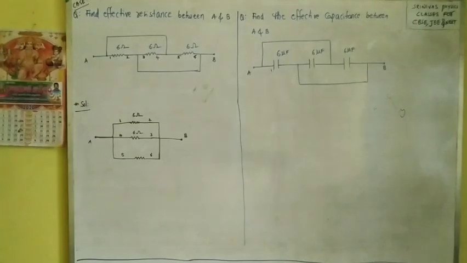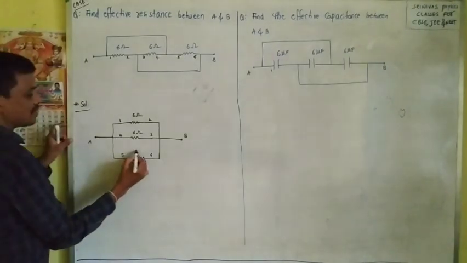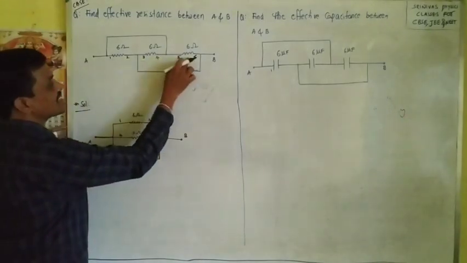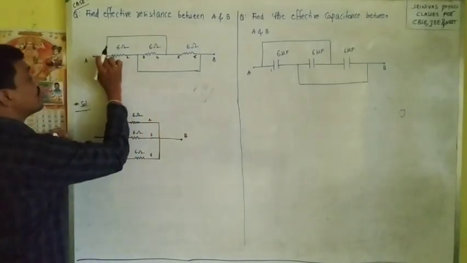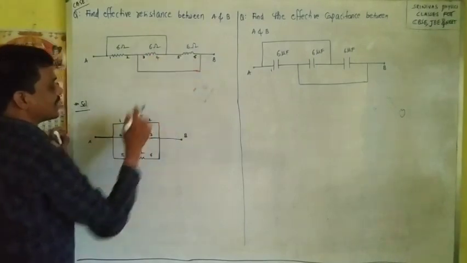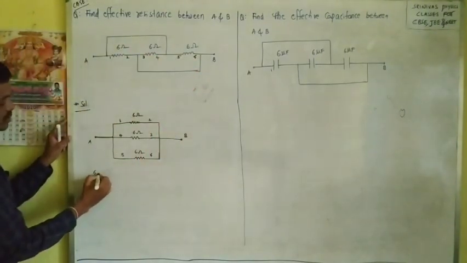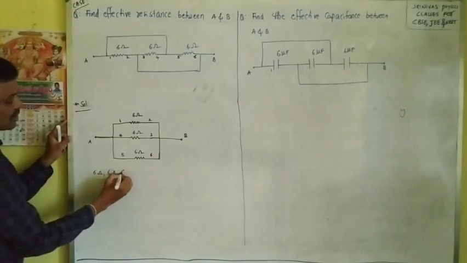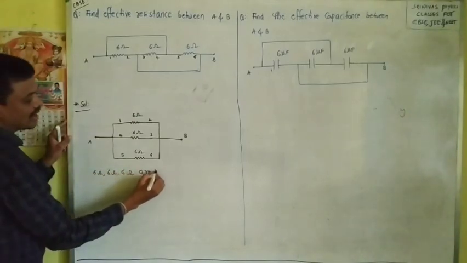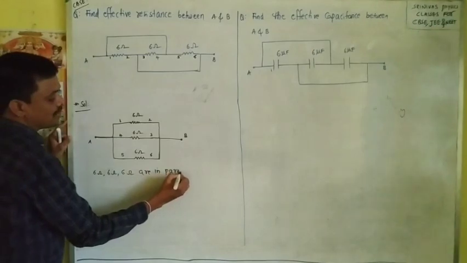This is the equivalent circuit diagram. That means what is happening here? These three appear as a series, but when you connect with the conductor, then they will become parallel, right? That means now 6 ohm, 6 ohm and 6 ohm are in parallel combination, right?